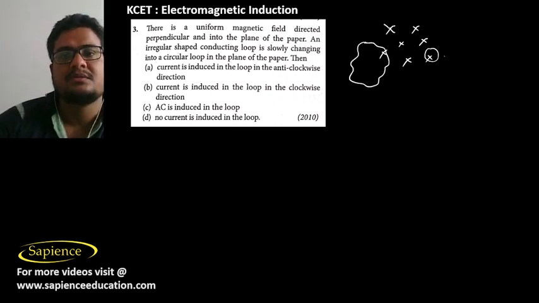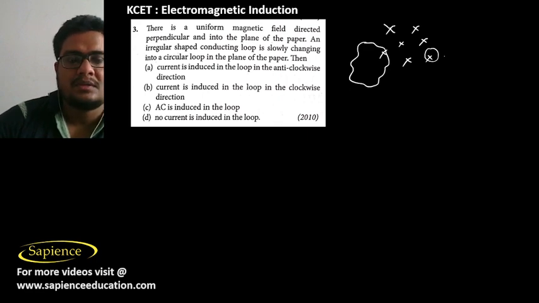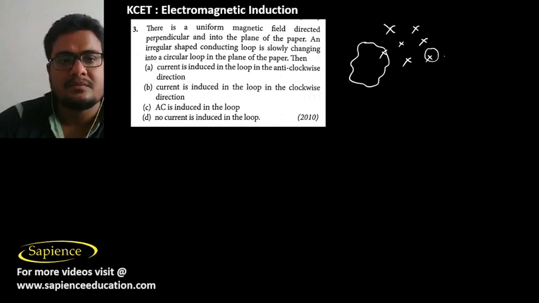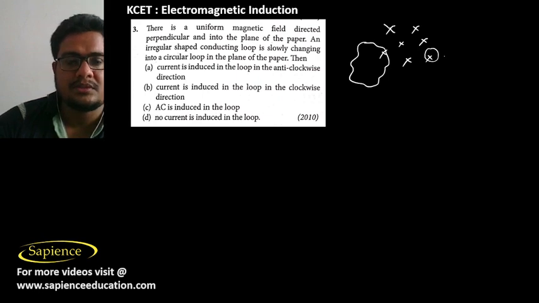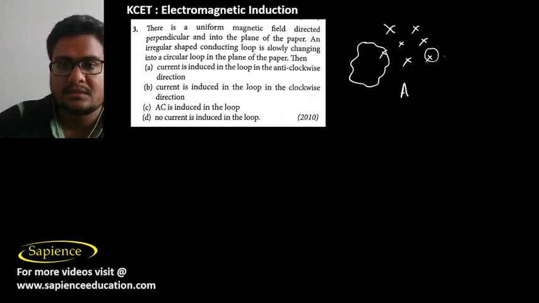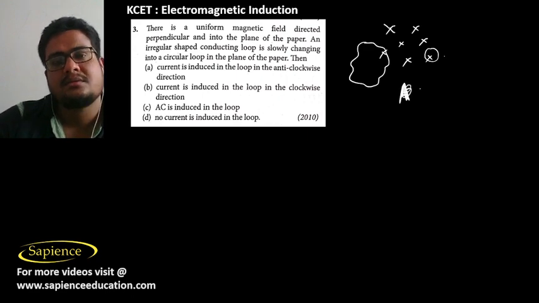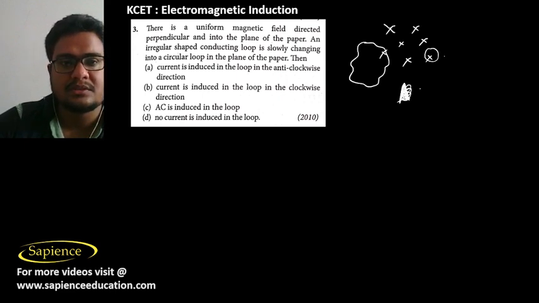Then current is induced in the loop in which direction? So how will the current be induced in the loop? Here in option C it is written AC induced.